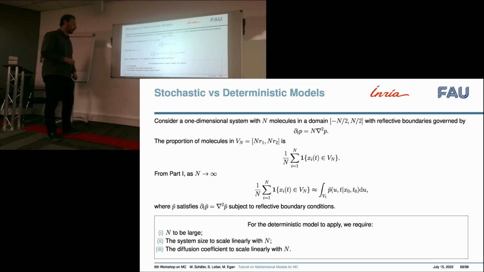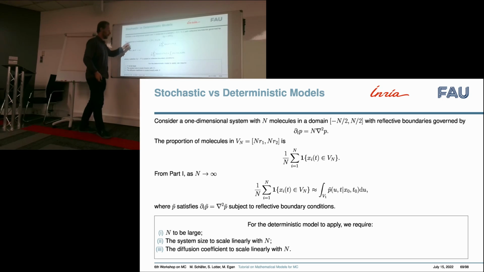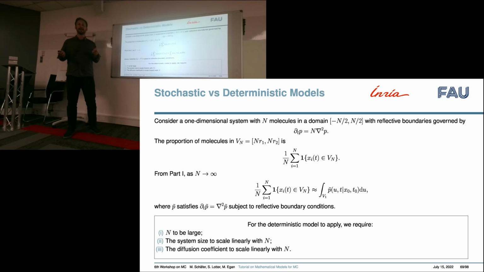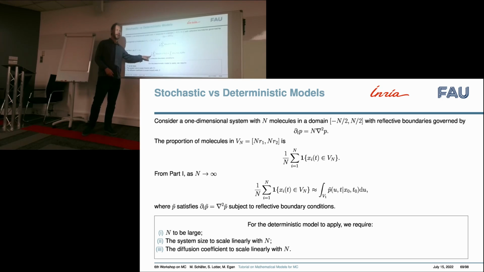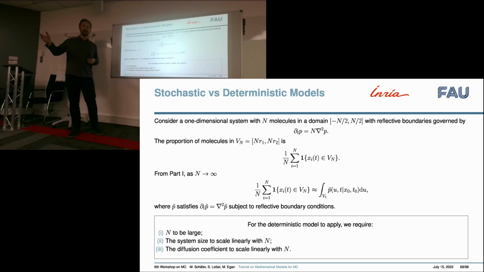So what we see, if we want to apply this argument, if we're trying to link a stochastic model to a deterministic one, is that on the stochastic model side we need the number of molecules to be large, the system size to scale with the number of molecules, and also the diffusion coefficient to scale with the number of molecules. And if you do that, then you can relate this concentration in this setting, so the number of molecules in a particular region, with the behavior of a much smaller macroscopic or deterministic system, right?